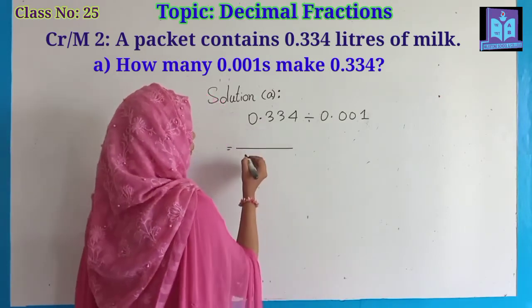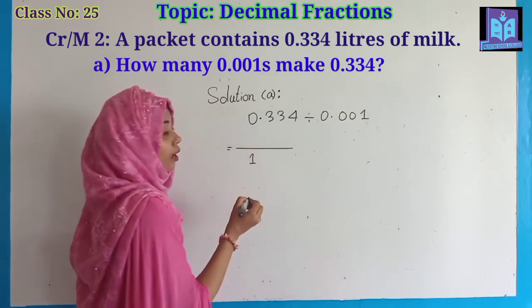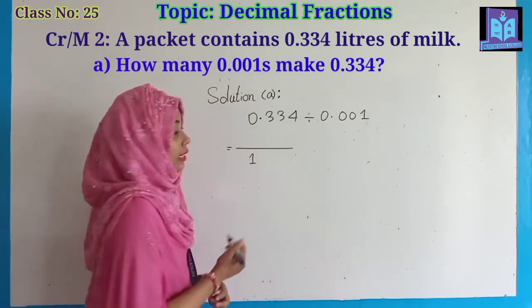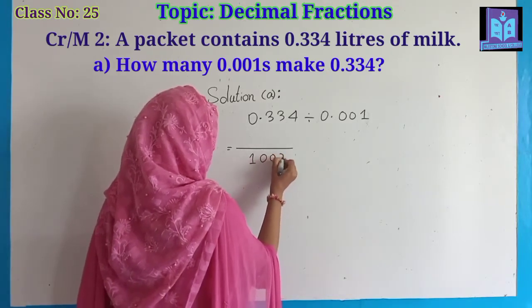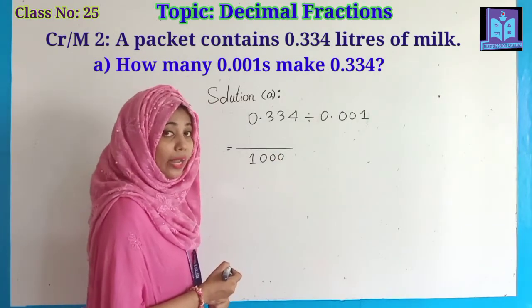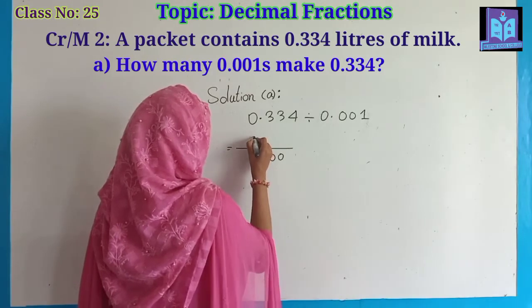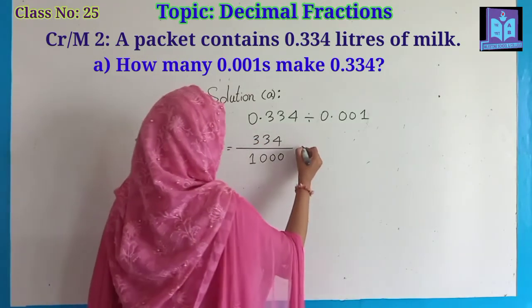For the point, below the fraction bar, I can write 1. After the point there are 3 digits. That's why we will put 3 zeros. That means 1000. So without the point, we can write the numerator, that is 334. Here is the division sign.